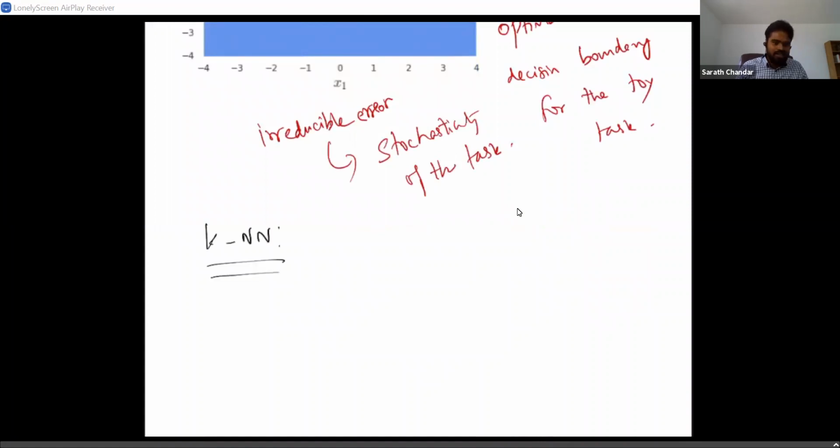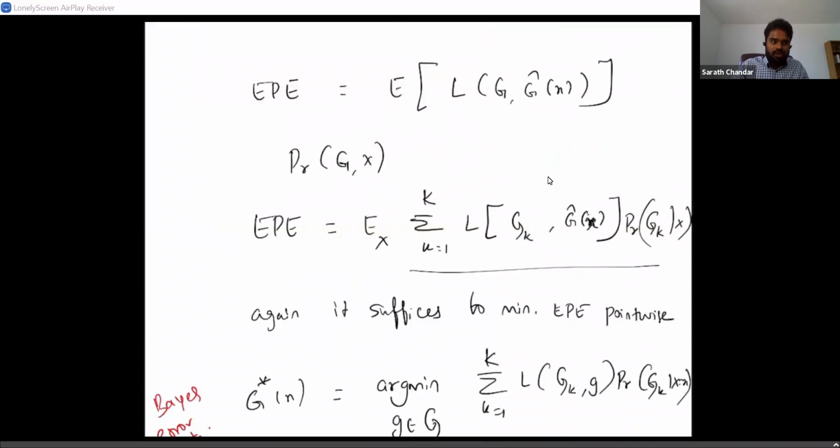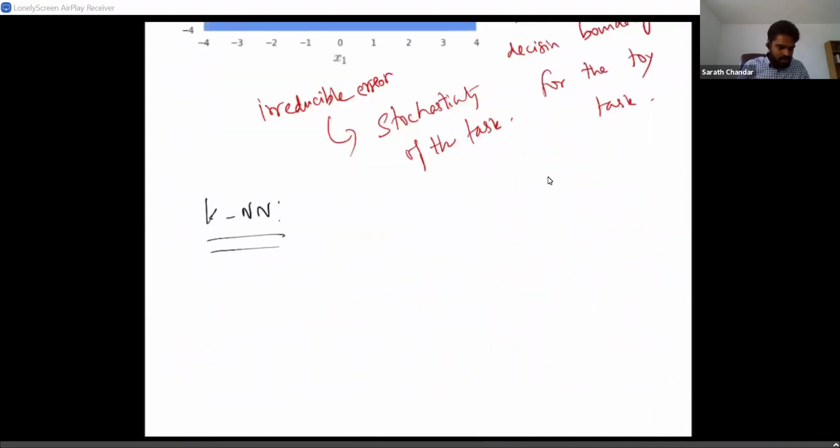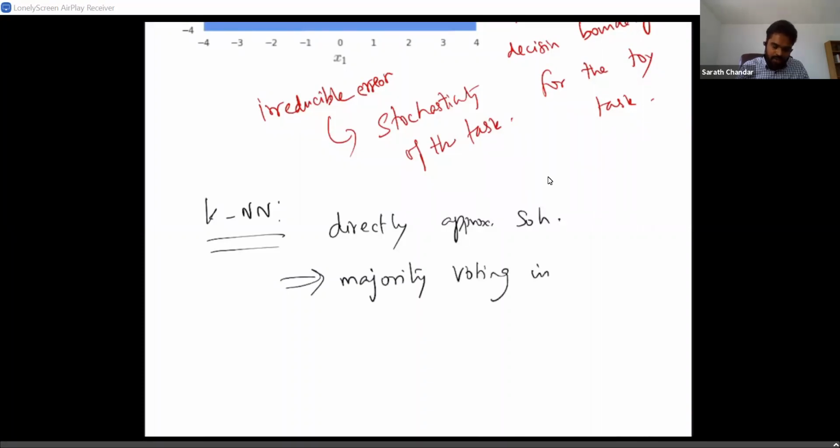K nearest neighbor directly approximates the solution by doing majority voting in the neighborhood.